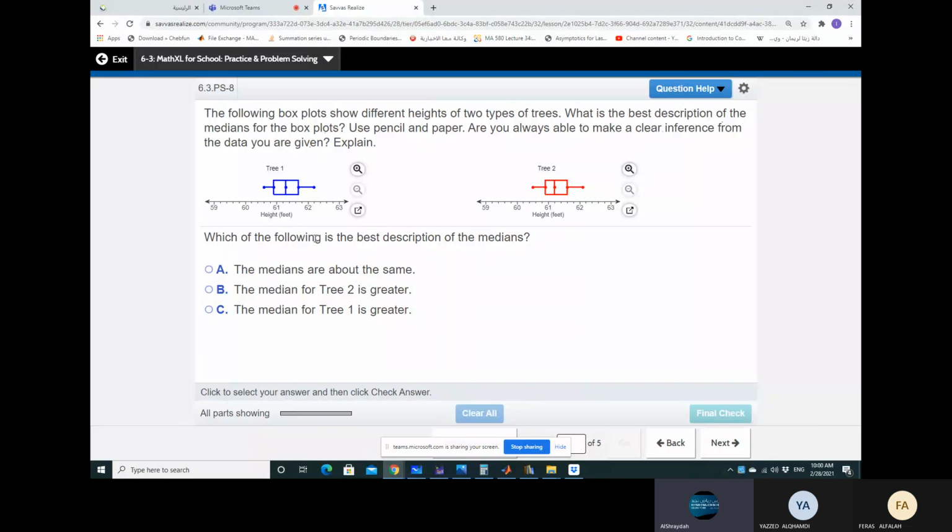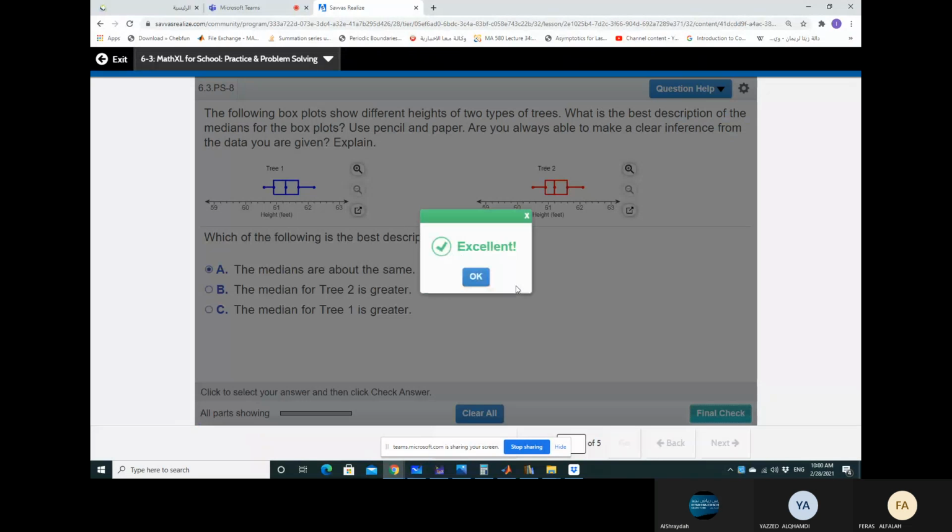Explain here. Which of the following is the best description of the medians? Look here, the median is about 61.2, or it's exactly 61.2. And here it's about 61.3, about the same, I think. Okay, about the same.